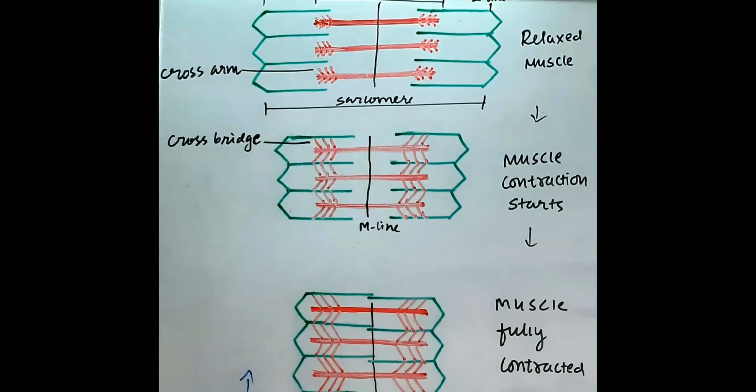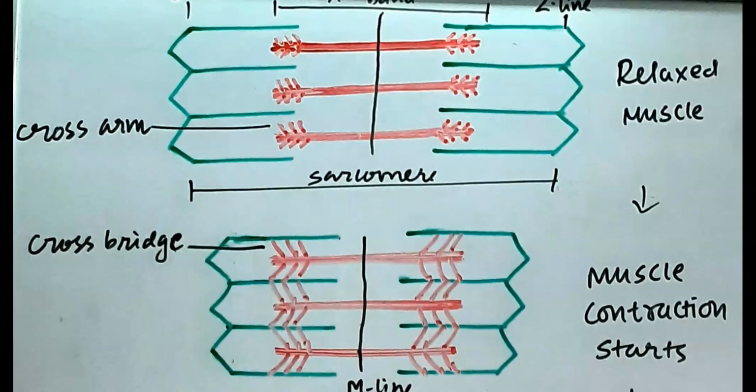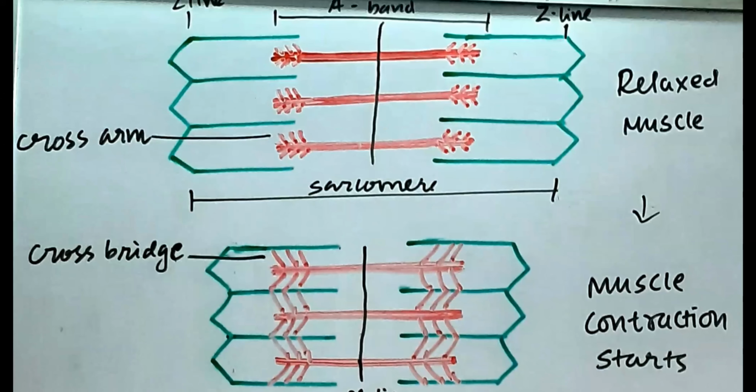This was in the beginning. Can you see, these are cross arms or cross bridges? देख के पता चलता है. Cross arms, isn't it? They are not yet attached to the thin filament.